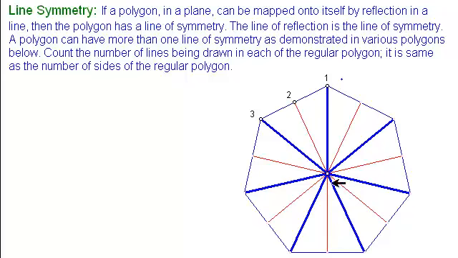So we can go 1, this is 2, this is 3, then 4, then 5, then 6, and then 7. All the others have already been counted. So if a polygon is 7-sided, then it will have 7 lines of symmetry.